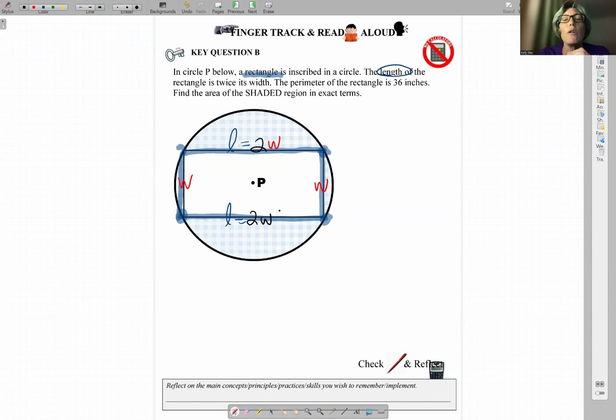The perimeter of the rectangle is 36 inches. We want to find the area of the shaded region.